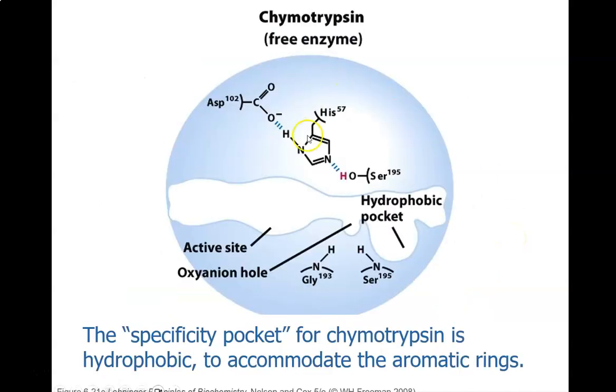So this explains why everybody has that same catalytic triad, Asp-His-Ser. There's the active site, here's the oxyanion hole, but this pocket is different. So chymotrypsin's pocket is going to be hydrophobic, but trypsin's going to have the aspartate, and the elastase has a shallower pocket.